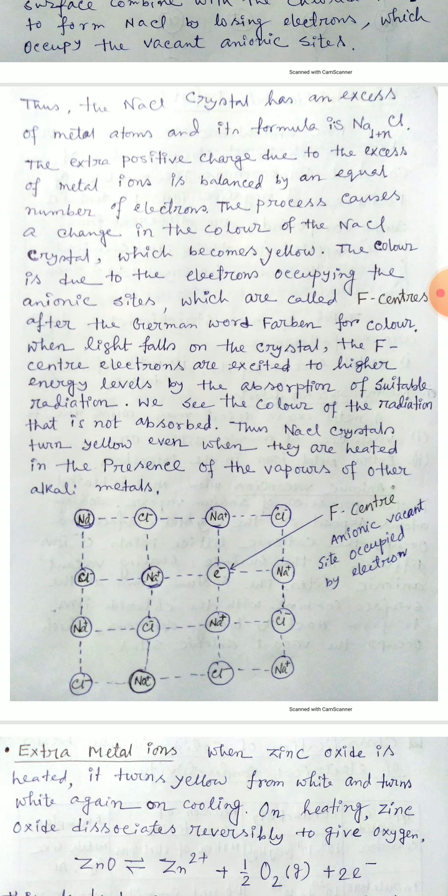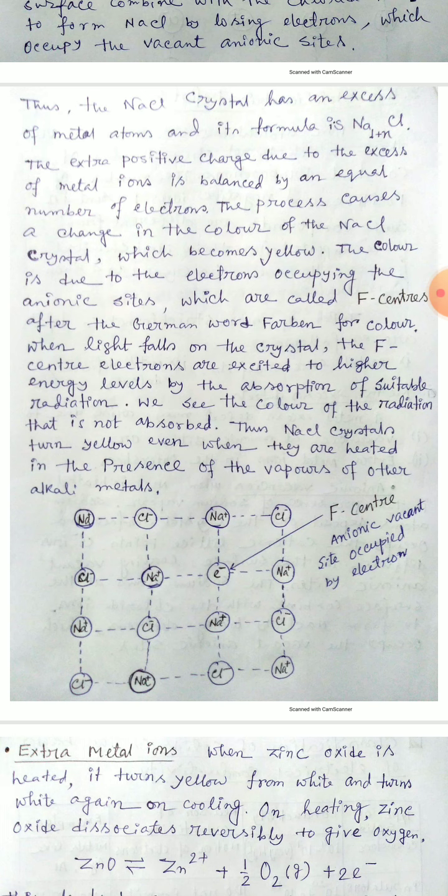If five chloride ions leave their sites, there will be five vacant anionic sites and five extra Na plus ions.